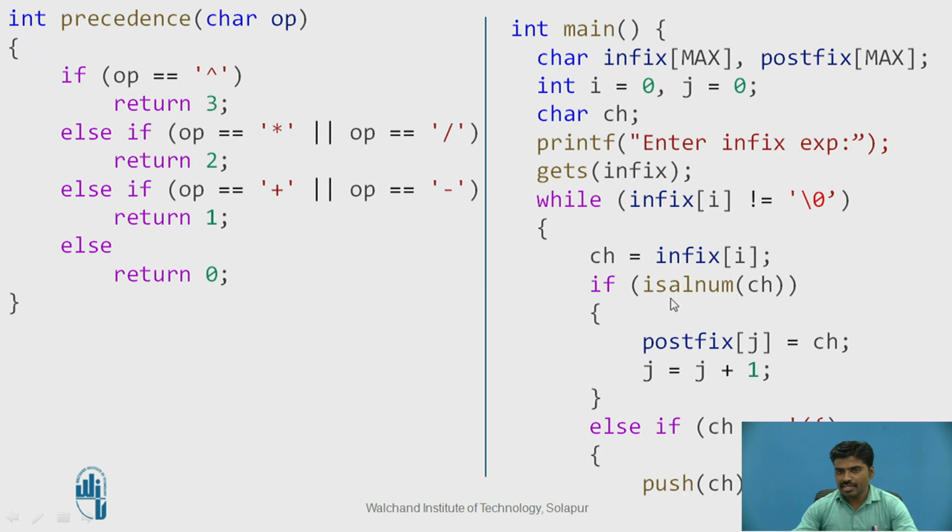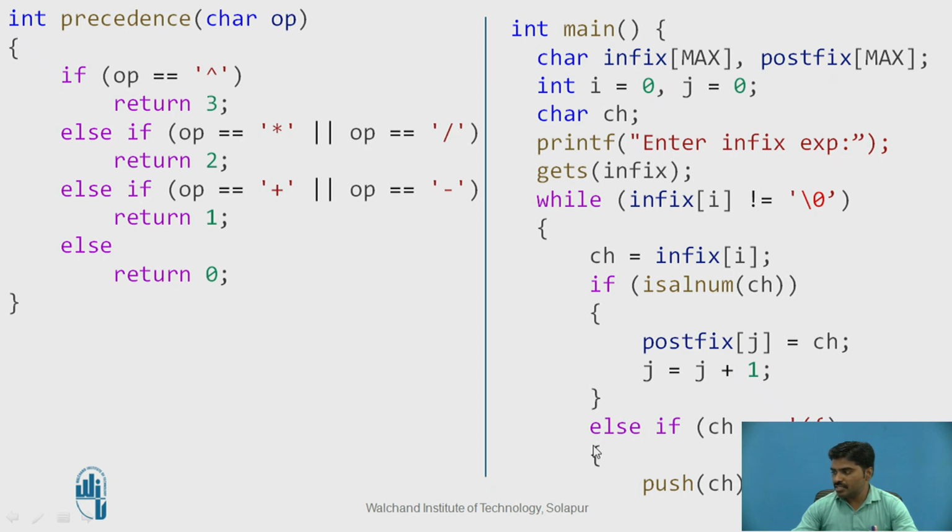Inside the if, 1 means the condition is true. You have to store that particular alphabet or number into postfix of j. We have to use different indexes: i is for infix of i and j is for postfix of j. Postfix of j is equal to ch. Again j is equal to j plus 1. You have to increment the value of j by 1.